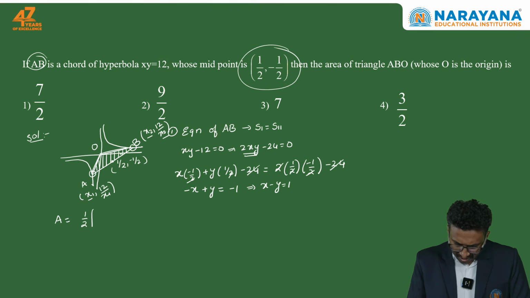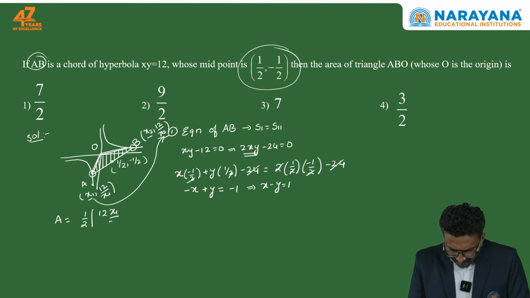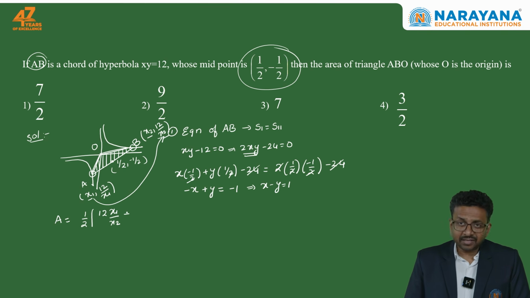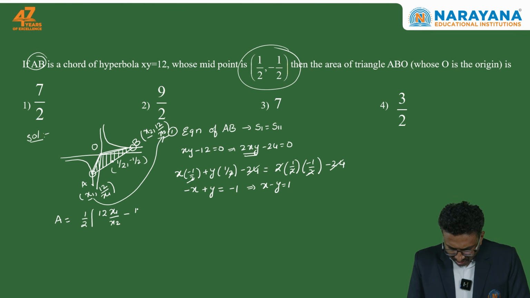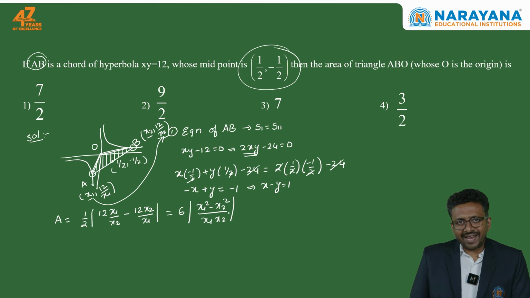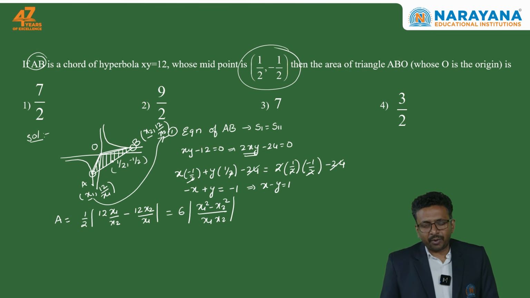That means x1 into the y coordinate of the second point, that is 12 x1 by x2, minus x2 y1, that is 12 x2 by x1. So this is equal to 6 times mod of (x1 square minus x2 square) by x1 x2, where x1 and x2 are the x coordinates of the points of intersection.